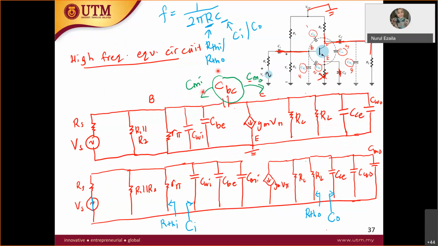If you don't understand what feedback is, just remember that a horizontal capacitor is not allowed in the high frequency equivalent circuit. This horizontal capacitor must be split into vertical ones using Miller theorem. So instead of CBC, when you split it into two, it becomes CMI, C Miller input, and C Miller output.